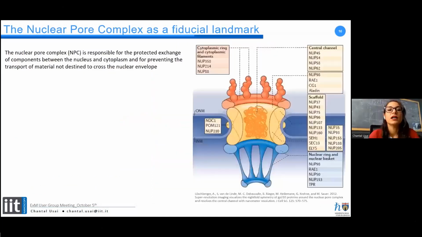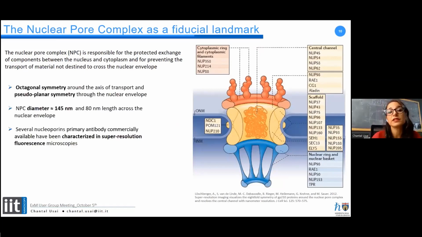To be able to use a biological structure as a reference, we need to know this structure very well. So in our lab, we started using the nuclear pore complex as a reference structure. The nuclear pore complex is responsible for the transport of material between the nucleus and the cytoplasm, and most importantly, for what we're interested in, it is a very well characterized and known structure.